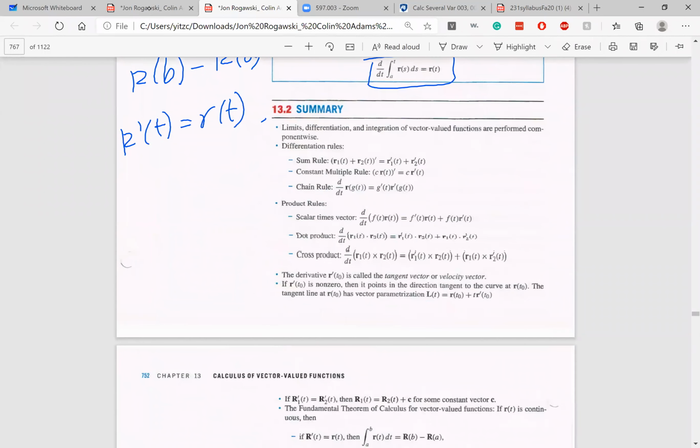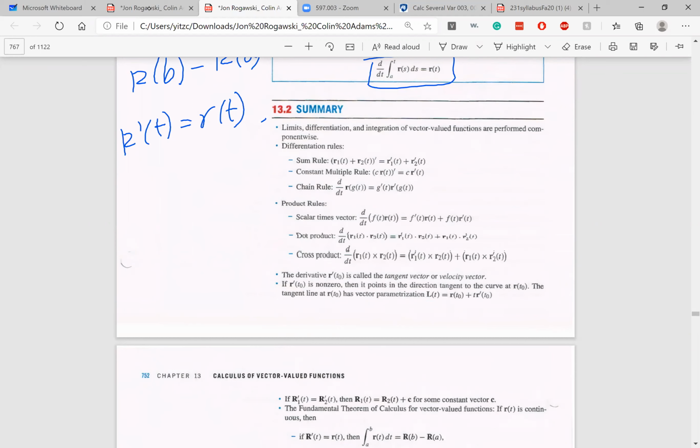Going to the summary, we have the sum rule: the derivative of the sum goes inside. If you have a constant, it comes outside. We have the chain rule as before. We have the product rule for multiplying r of t by a scalar, and last time we saw how to prove this. We have the product rule for the dot product and for the cross product.